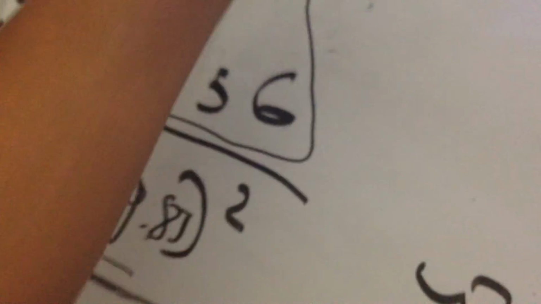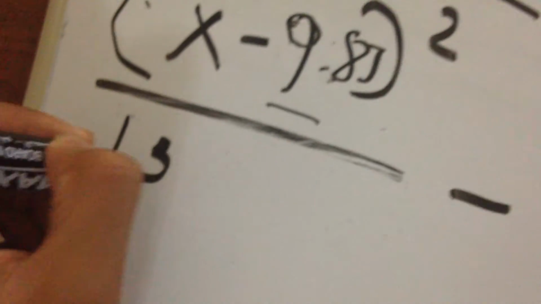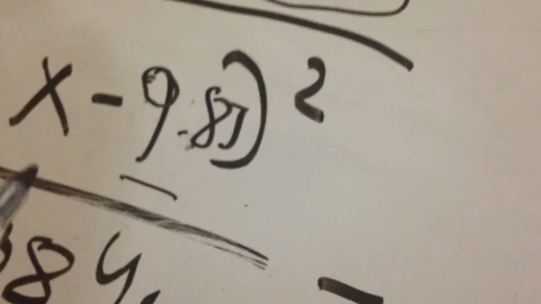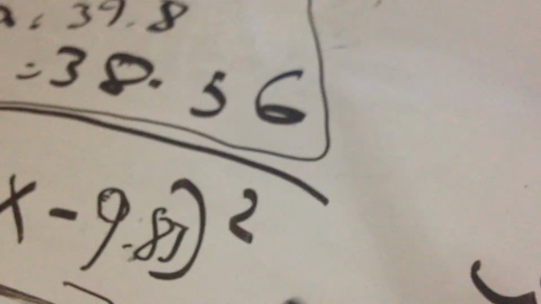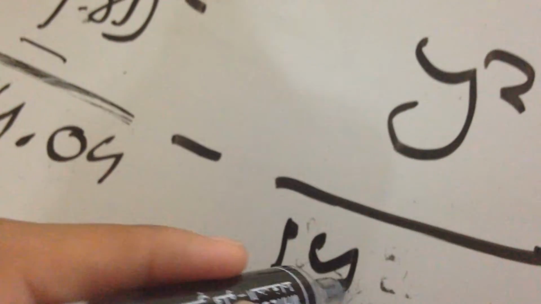When we square it, it gives us 1584.04. Same goes with b, which is 38.56 squared, that is 1486.62.